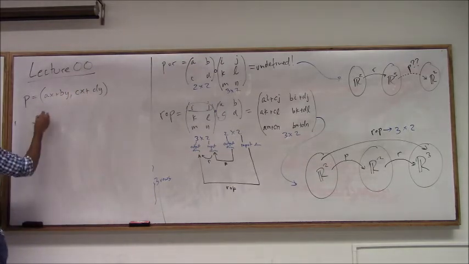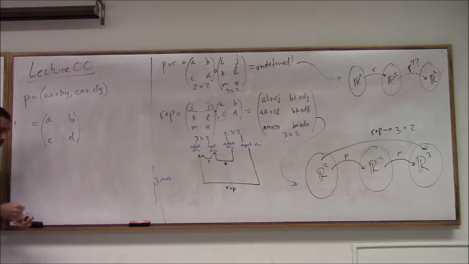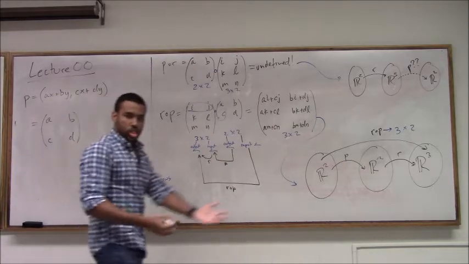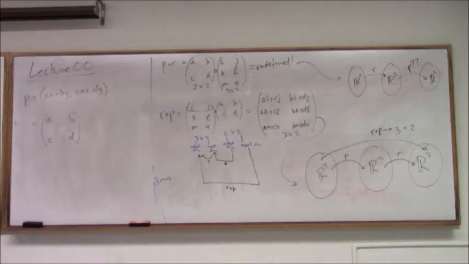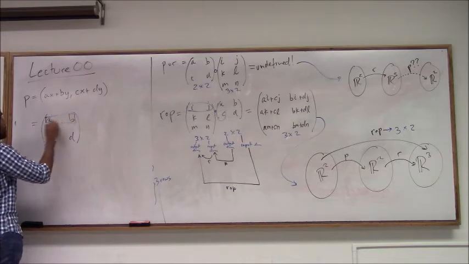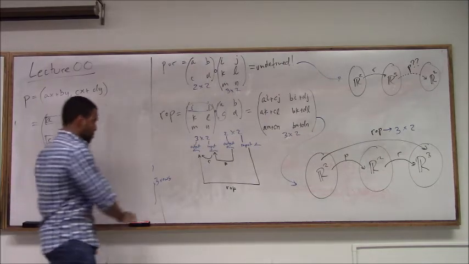And I know we could have represented it as A, B, C, D. Let's put another interpretation on this. Let's isolate the rows. Okay, so here's our first row, here's our second row.